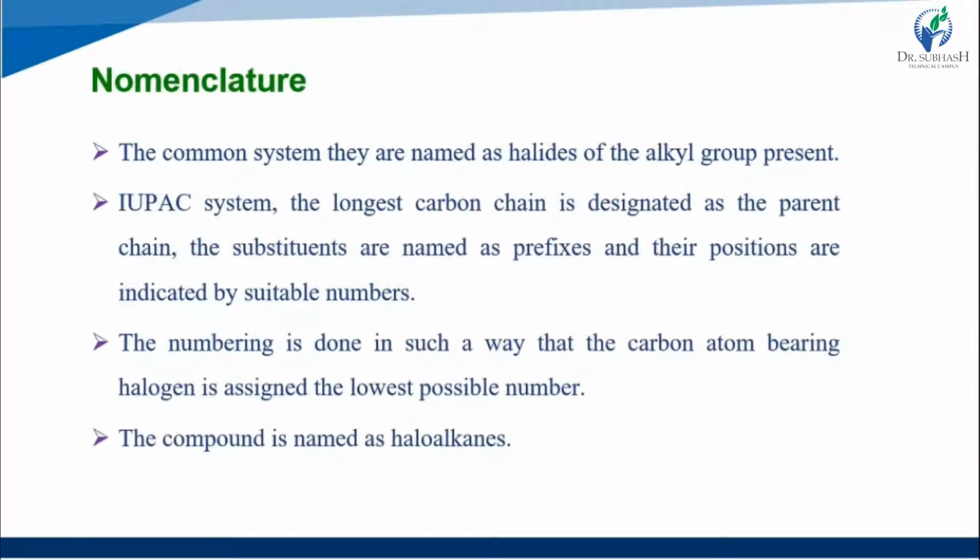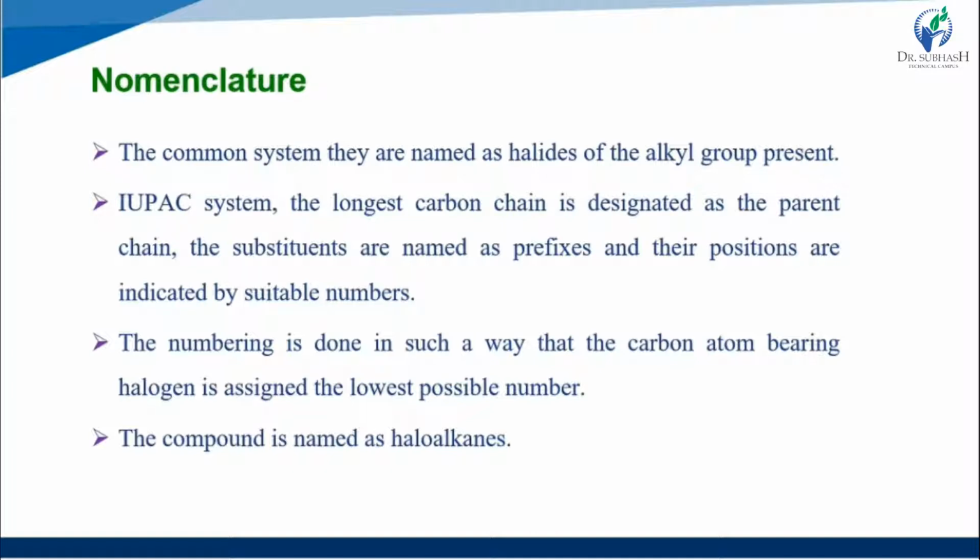Okay, then nomenclature of the alkyl halide, that is the naming system of the alkyl halide. In the common naming system, they are named as a halide of the alkyl group present. As per the IUPAC naming system, the longest carbon chain is designated as the parent chain. Then the substituents are named as a prefix and their positions are indicated by suitable numbers.